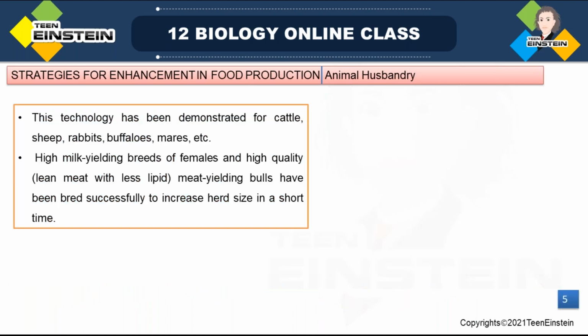Next one is, sorry, what we need to tell is that this is demonstrated for cattle. This technology is done in cattle, then sheep, rabbit, buffaloes, mares and all. These technologies are applied for high milk yielding breeds of female, and for bulls, high quality meat yielding.